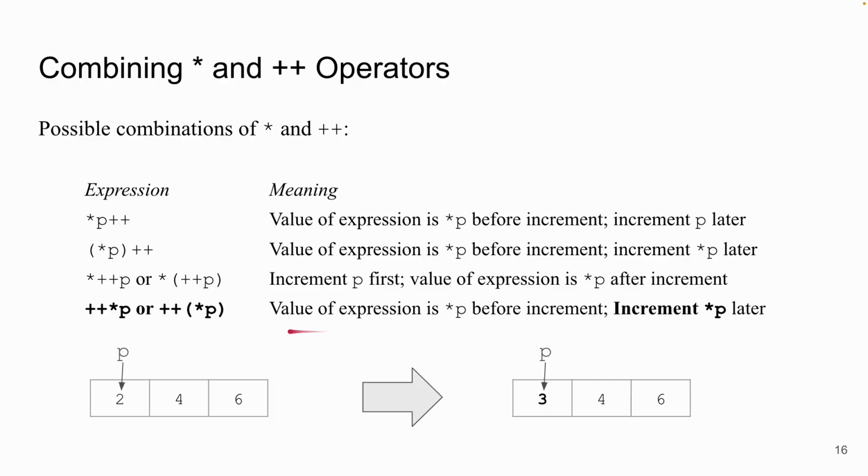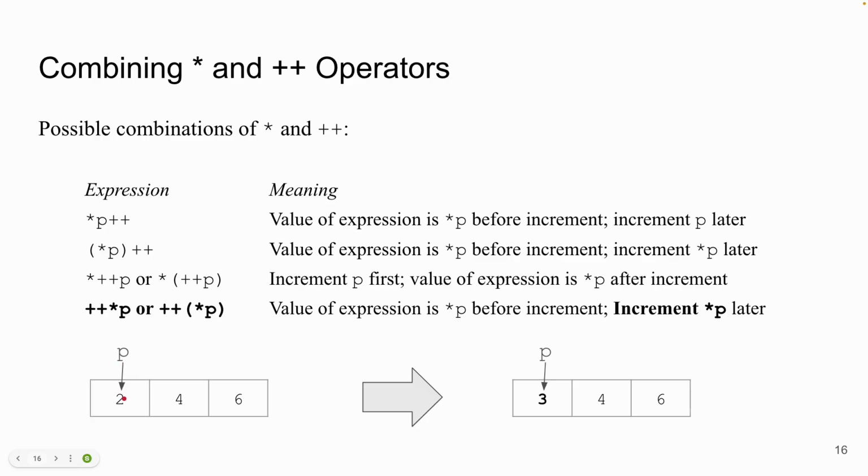What this expression does is that first we get the value where p is pointing to, which is 2, and then we increment *p. Because the increment operator is applied to *p, we increment the object where p is pointing to.